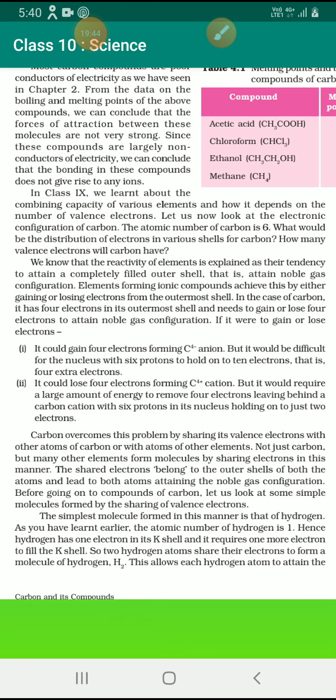We know that the reactivity of an element is explained as its tendency to attain a completely filled outer shell, that is, attain a noble gas configuration. Elements forming ionic compounds achieve this either by gaining or losing electrons in the outermost shell. We have discussed this in previous classes. I hope you understand that. That is, we have discussed the nature of sodium chloride.